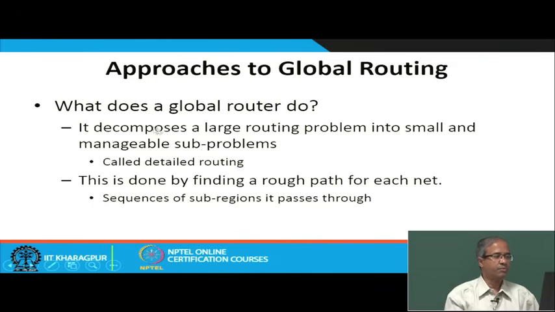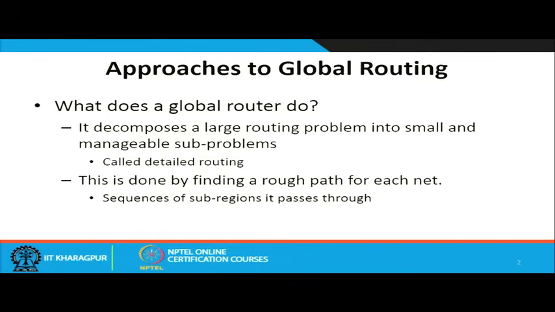It tries to decompose a large routing problem into smaller sub problems which can be handled one at a time. So, the global router takes the whole routing problem in its entirety and breaks it up into smaller sub problems which are then fed to the detailed router one sub problem at a time.